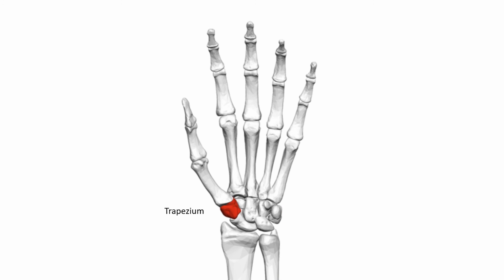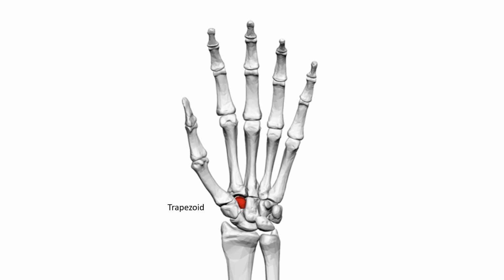Here we have a carpal bone that articulates with the thumb. It is the trapezium. Let's say that the thumb starts with a T and trapezium starts with a letter T. So I know this trapezium because it articulates with the base of the metacarpal of the thumb.